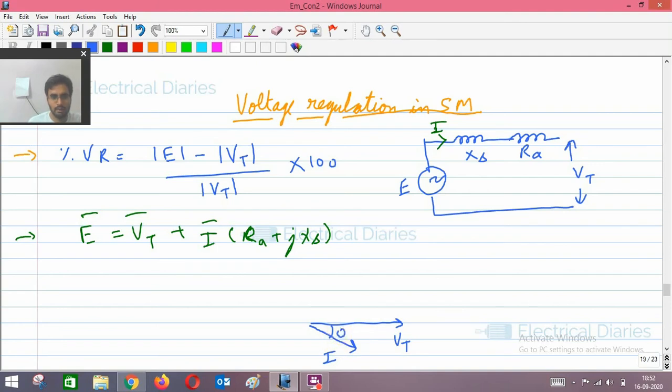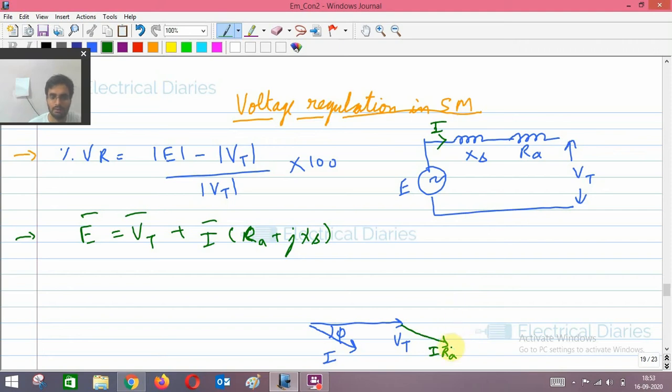And this is your phi. Now what you do is you add IRA. IRA will be in phase with I, so IRA will go in this fashion. Now to IRA you have to also add jIXS. I have told you in the video on how to draw the phasor diagram for salient pole machine that the jIXS drop will be perpendicular to your IRA, and you will move in the anti-clockwise direction.